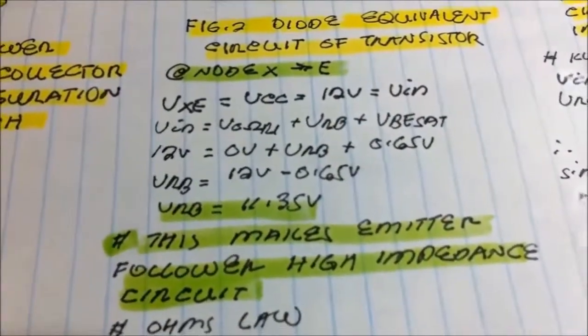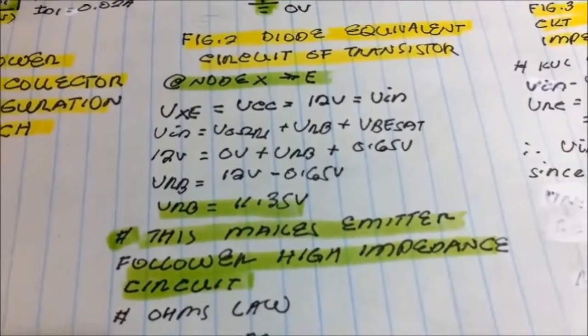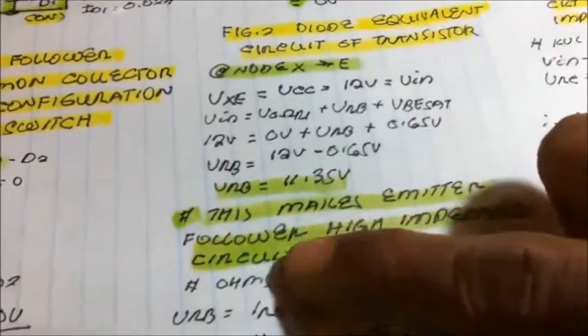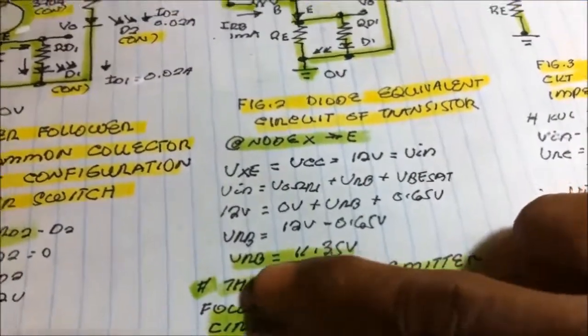And this makes the emitter follower a high impedance circuit because it consumes a lot of resistance to make a voltage input. This voltage at the RB is now our voltage input to the load. Remember, this is the load.